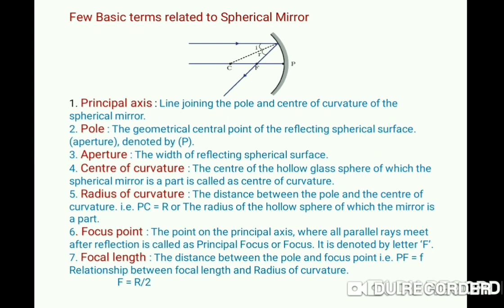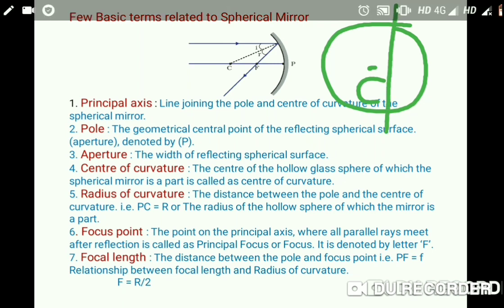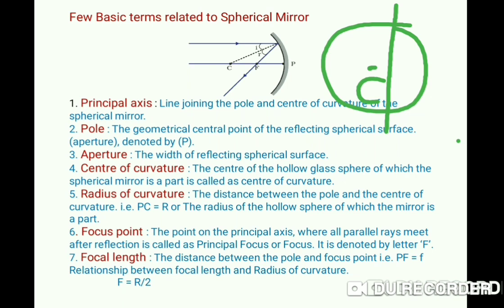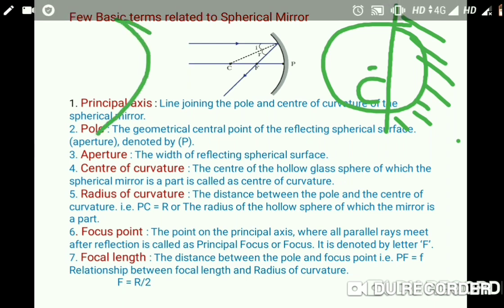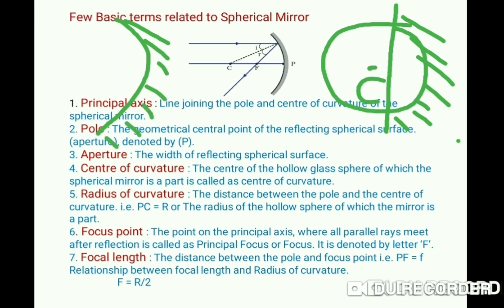Before we start with the basic terms of spherical mirrors, I show you a diagram. Here is a hollow sphere. You know that a sphere has a center, say C. When we cut a surface from that and polish it on the outer edge, the diagram looks like this.